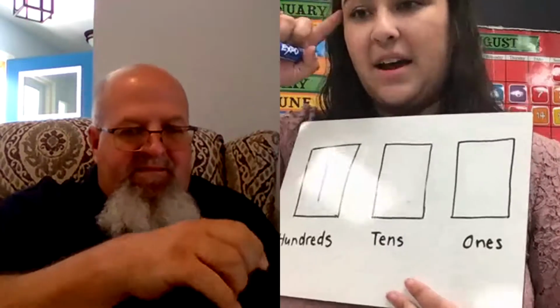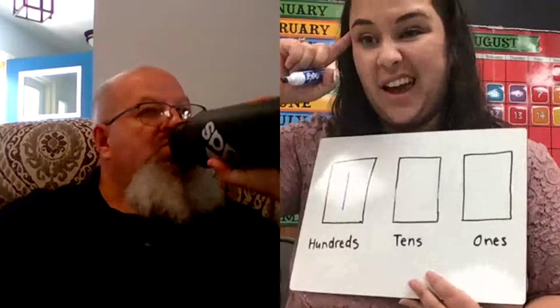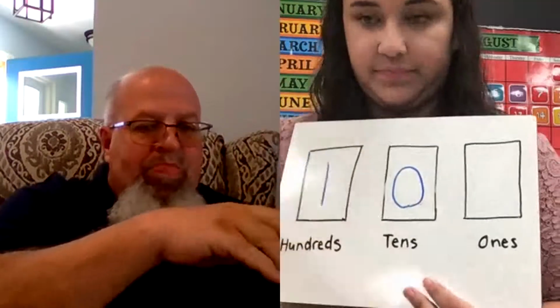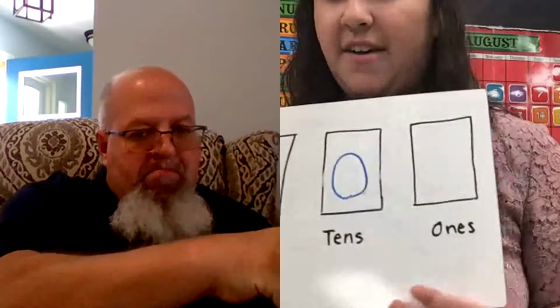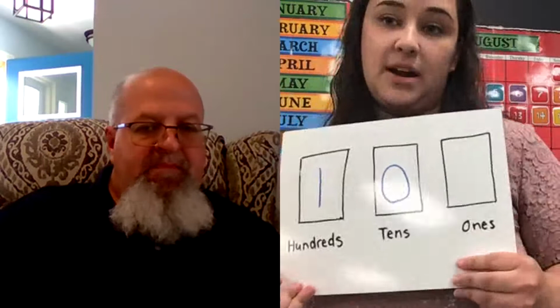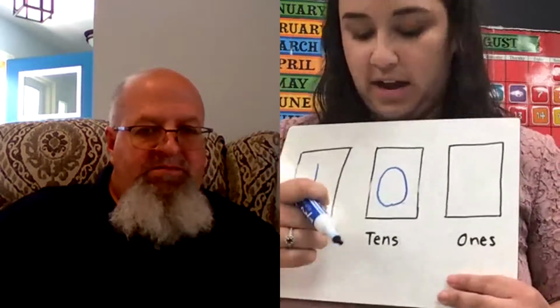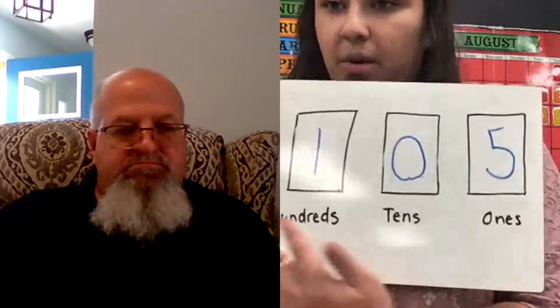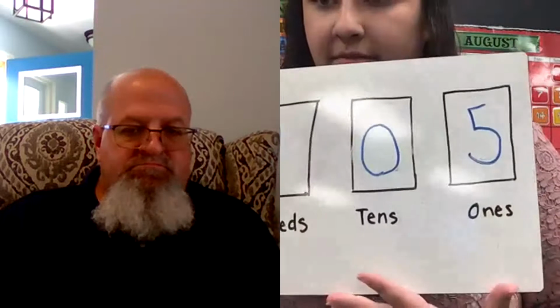Because if we're counting up to 100 by tens, we didn't hear anything. So that's actually going to be a 0. 105. Because it would be different if he said 50, right? If it's 50, that would have gone right here. But he just said 5. So we have 100, and we're going to put a 5 in the ones. That means we have 5 ones. 1, 0, 5. Okay? So that's how we'd write that number.